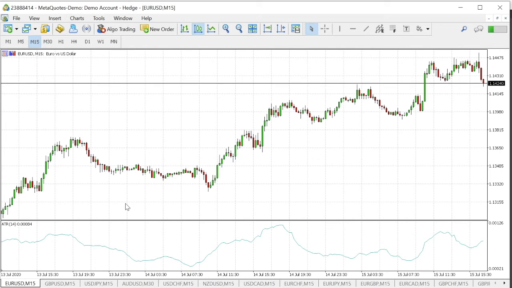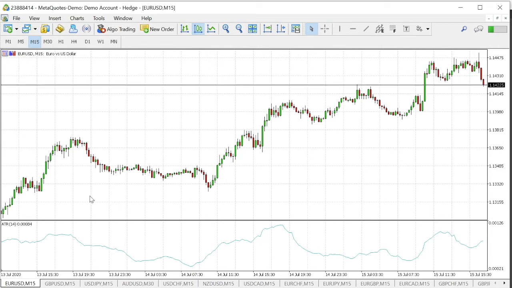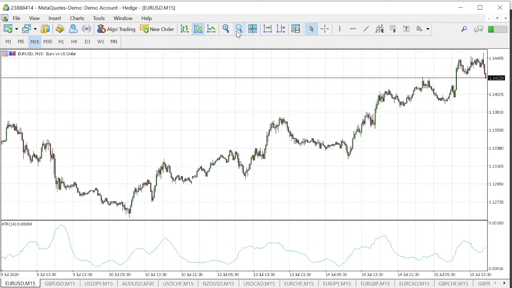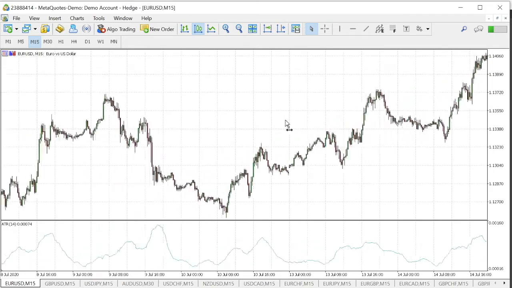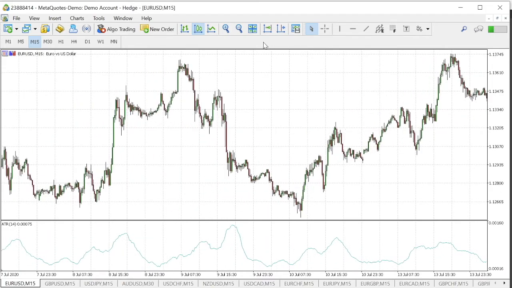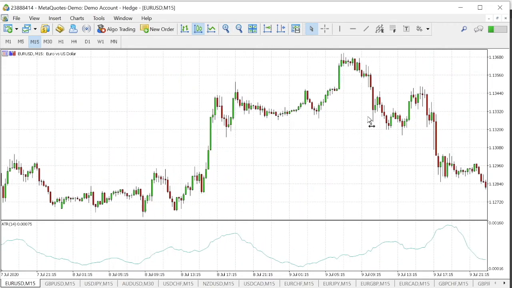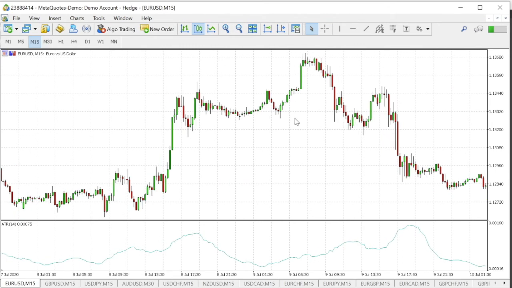Now that we have the ATR indicator in our trading platform, I'm going to show you an example on how to use the ATR indicator to properly place a stop loss. So let me just zoom out and find an example. Alright. So as you can see here, I'm looking at the Euro USD chart on the 15-minute time frame.